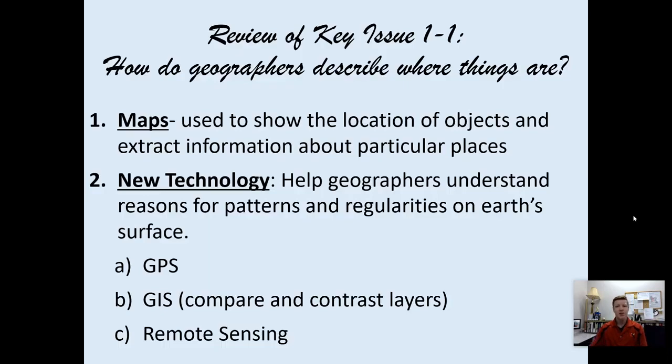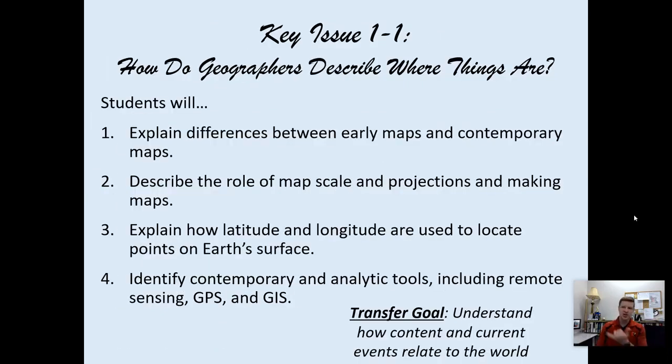Okay? All right, my friends, we hit our objectives. We looked at the differences between early maps and contemporary maps. We described the role of map scale and projections in making maps. We looked at latitude and longitude, absolute location, and we discussed some of the contemporary tools that we use.